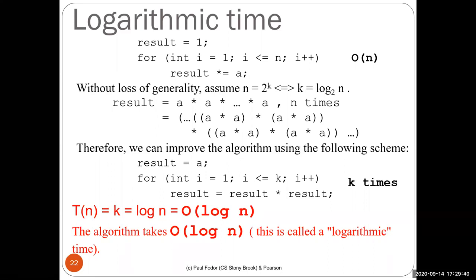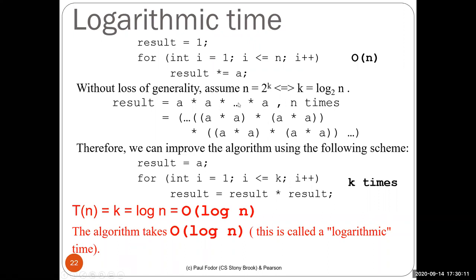Without loss of generality, you can assume that n is equal to 2 to the power k. So you can choose that n is a power of 2, like for instance 2 to the power 4, which is 16, or 2 to the power 8, or 2 to the power 16, or any power of 2. Multiplying a n times, you basically have a product of a with a, up to n times.